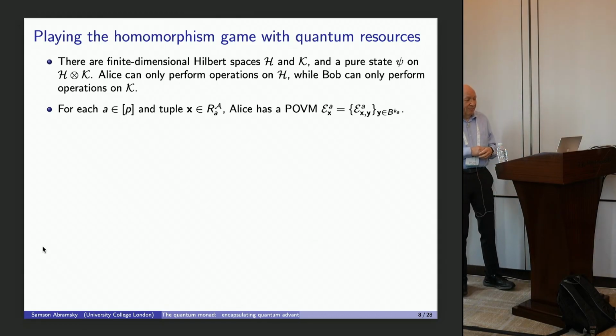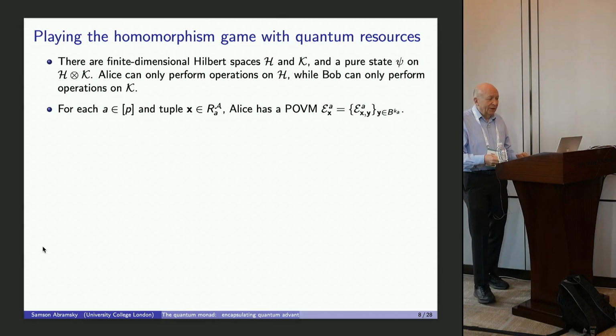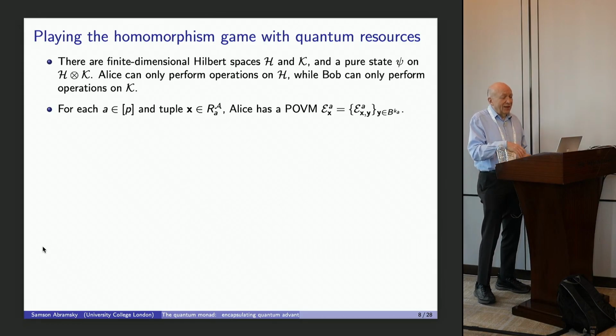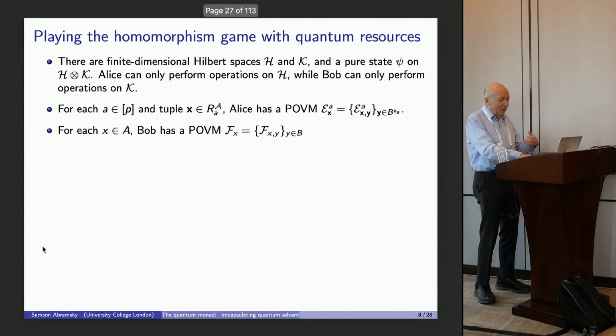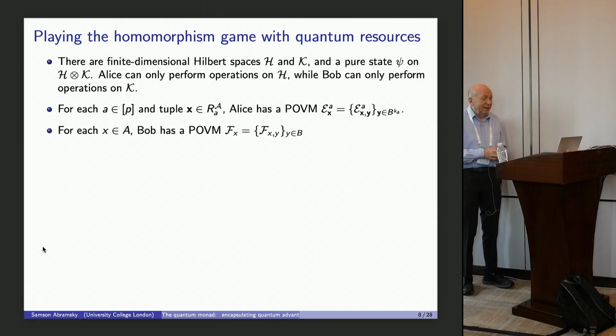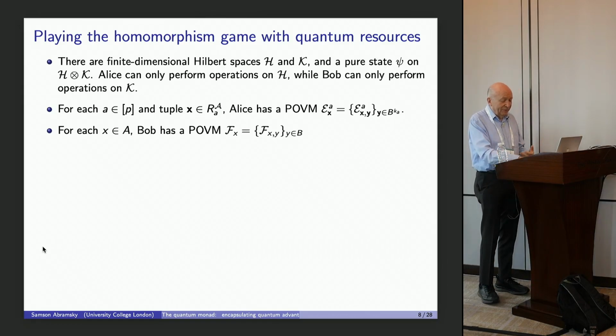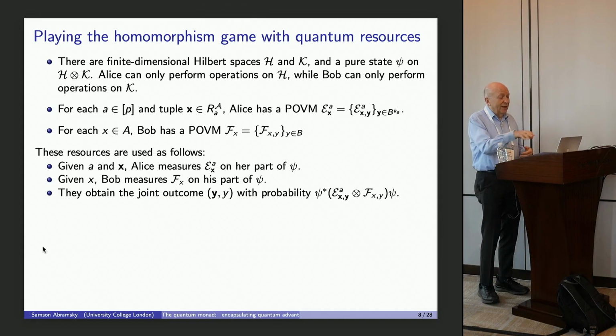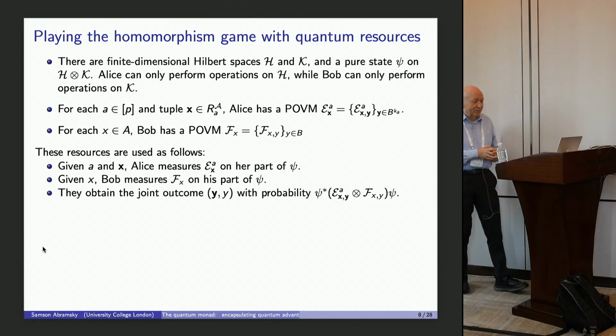And then corresponding to each question that the verifier might ask Alice, she has a quantum measurement, a POVM, whose outputs lie in the possible output tuples of the output structure. And similarly, for each input that Bob can get, he has a quantum measurement, a POVM, with the outcomes lying in the possible values of the output structure.